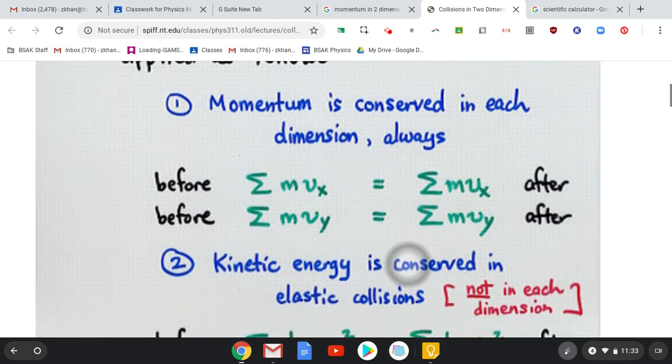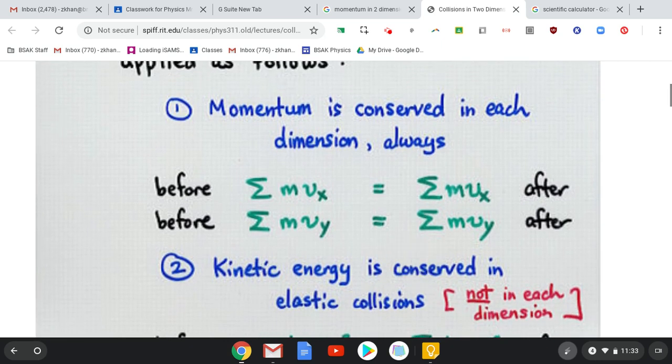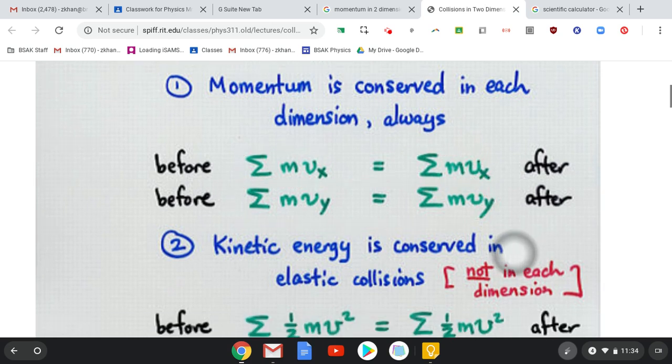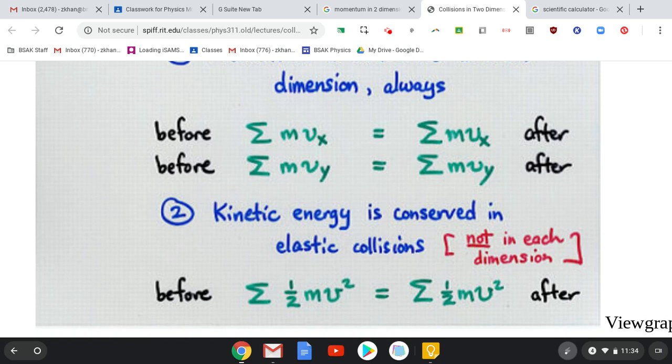And the second statement that we need to consider is for elastic collisions, kinetic energy is conserved, but we do not look at dimensions specifically in terms of x and y. We don't separate them out as we've done with the momentums. We use the magnitude. So we look at the overall velocity of the object.